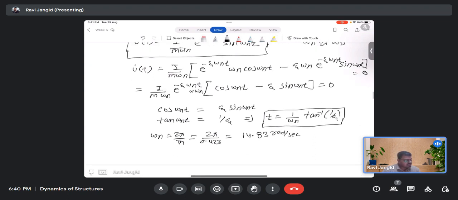So now t is equal to 1 by 14.83 times tan inverse of 1 over 0.05.